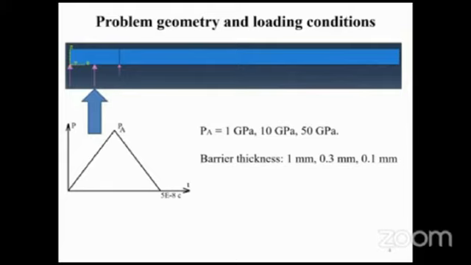The pulse duration is 50 nanoseconds. Three different pulse amplitudes are considered: 1, 10, and 50 GPa, and three different barrier thicknesses are considered: 1, 0.3, and 0.1 millimeter.